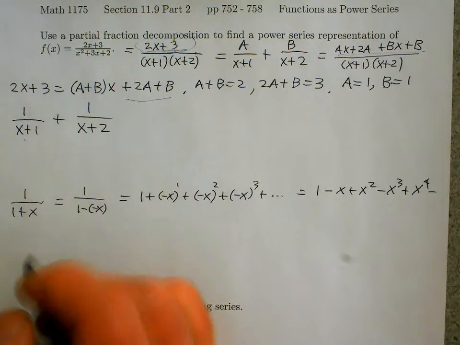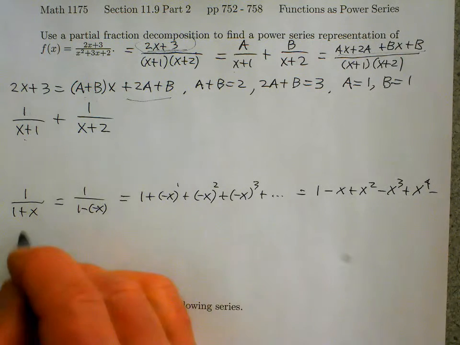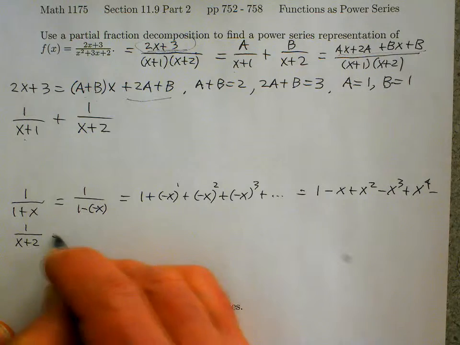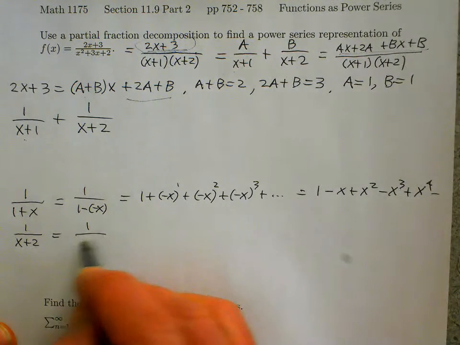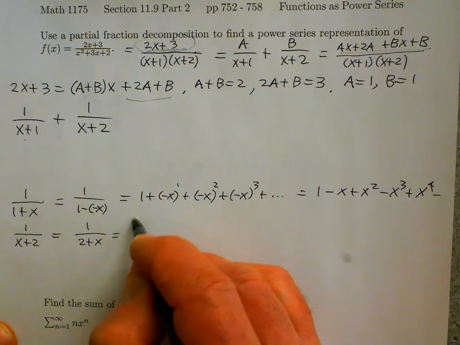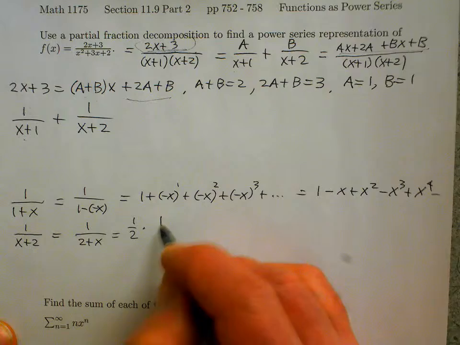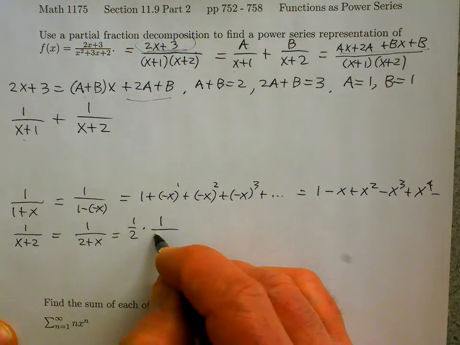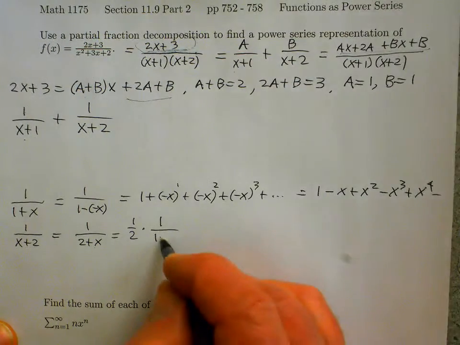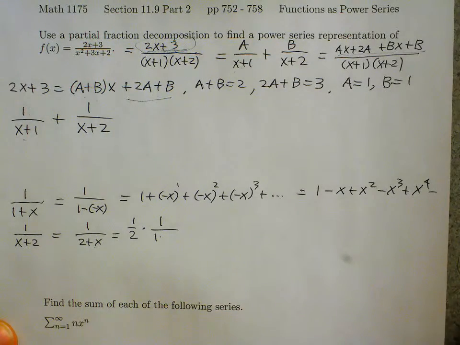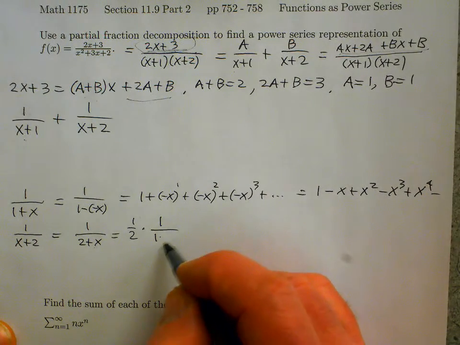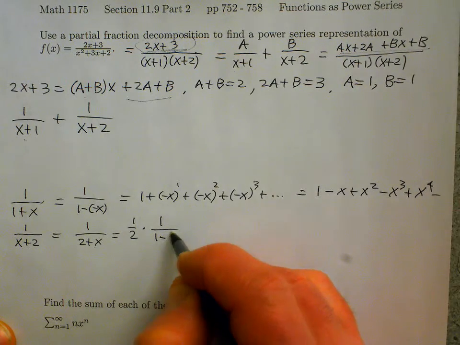And then the other one, 1 over x plus 2. So think of that as 1 over 2 plus x, or 1/2 times 1 over 1 plus x over 2, but think of 1 plus x over 2 as 1 minus negative x over 2.